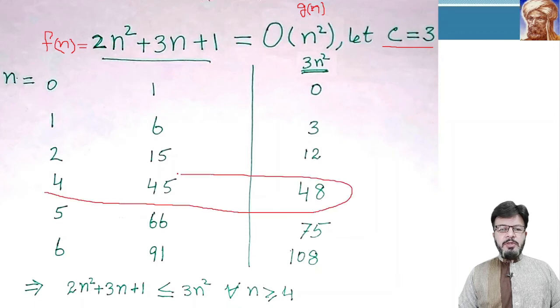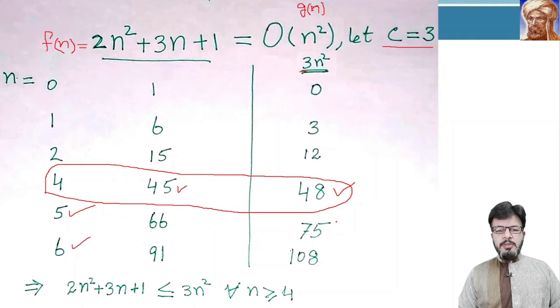As you can see, when the value of n is 4, the function f of n is 45, while 3n square is 48. The value of this function dominates this function, and after that, when you put 5 or 6, you can see that this function always dominates this function.